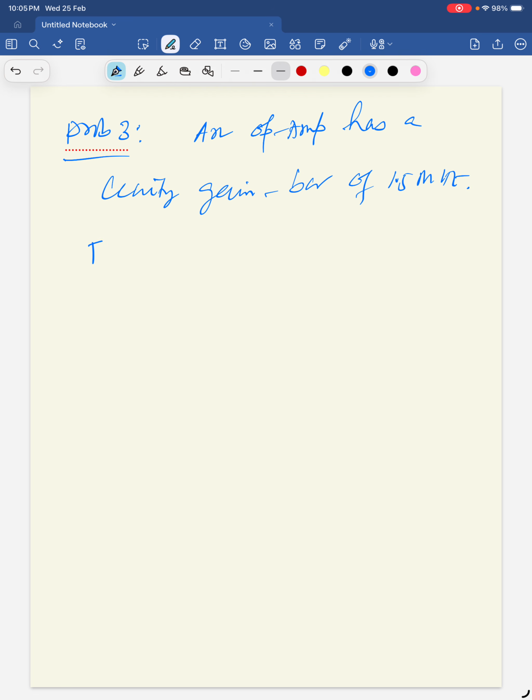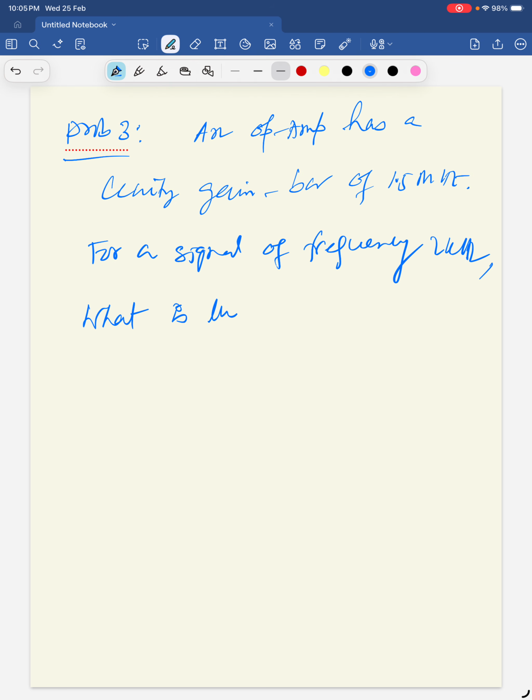Now for a signal of frequency 2 kilohertz, what is the open loop DC voltage gain?